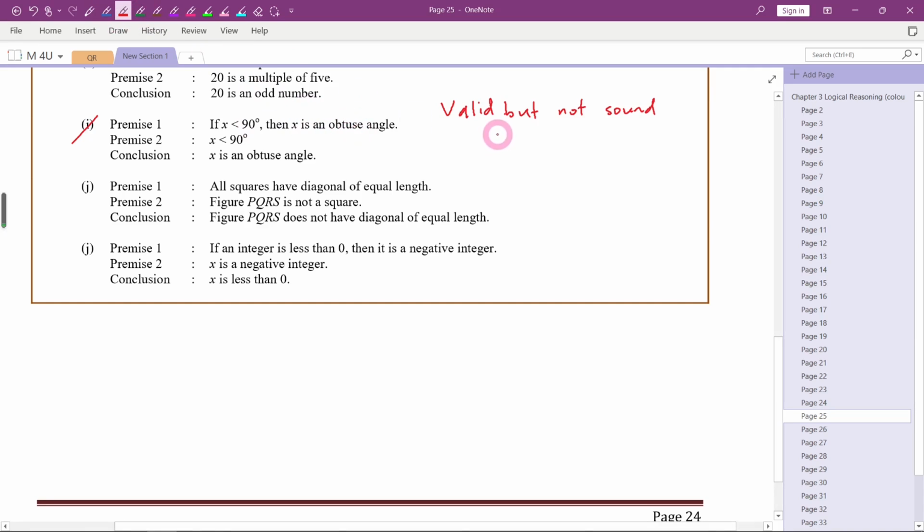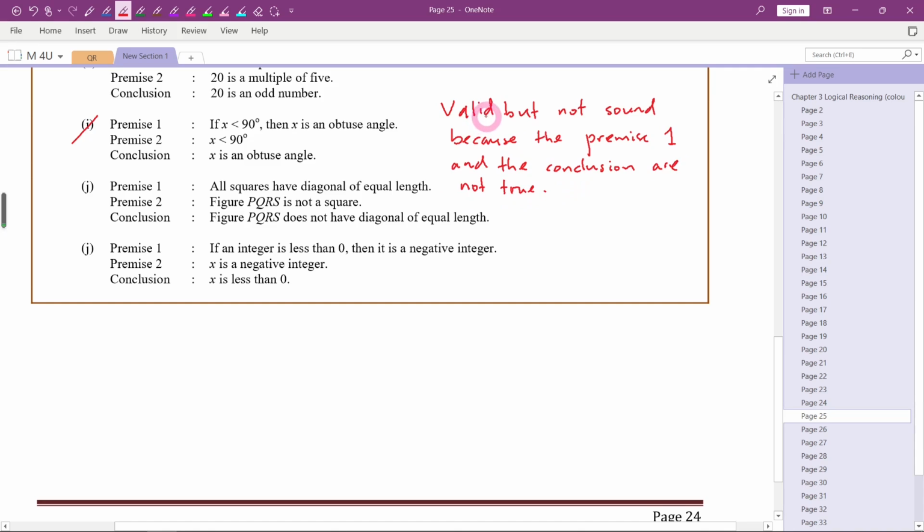Okay, so valid, but not sound because premise 1 is not true. Or you can say premise 1 and the conclusion are not true. So be careful.